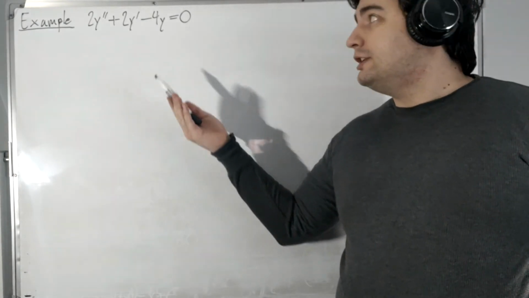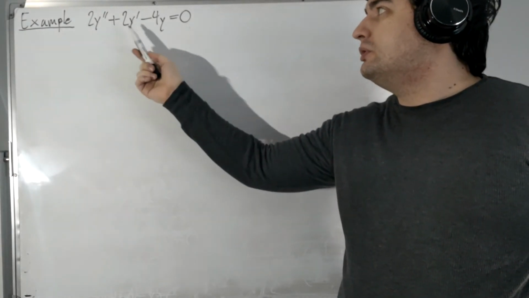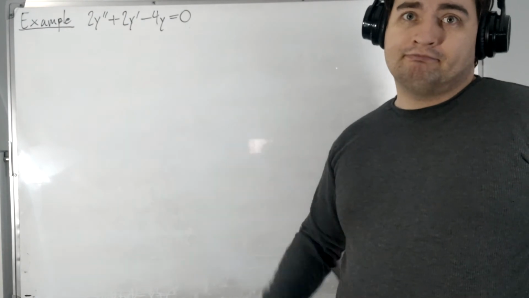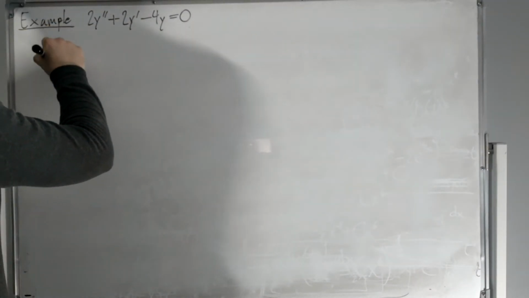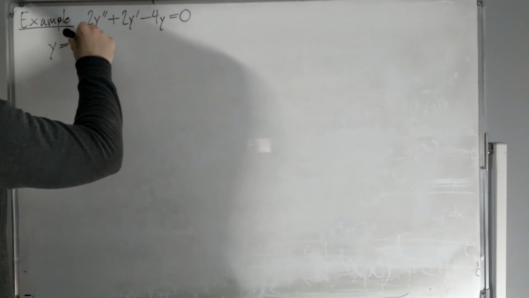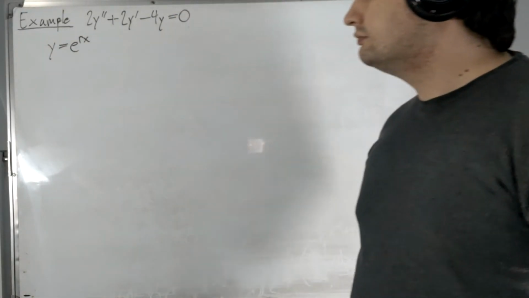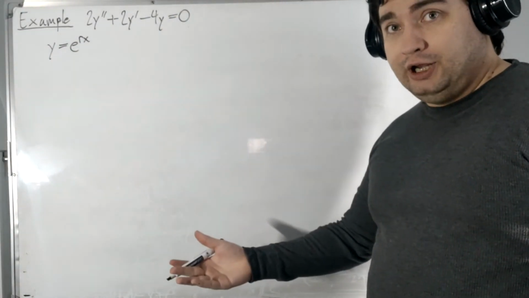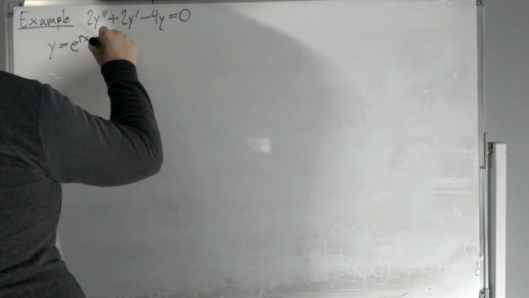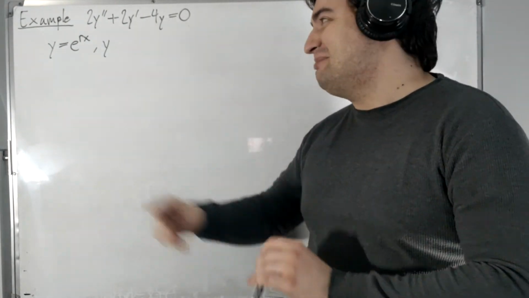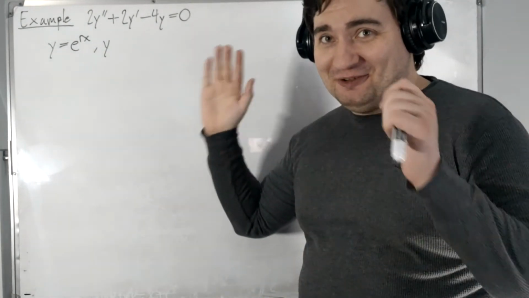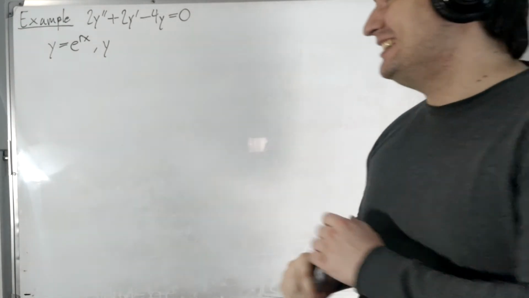And it has constant coefficients because we just have 2, 2, and negative 4 as the coefficients. So, we guess the solution, y equals e to the rx. We're going to need a few derivatives of that in order to study the relationship between this function and this ODE.